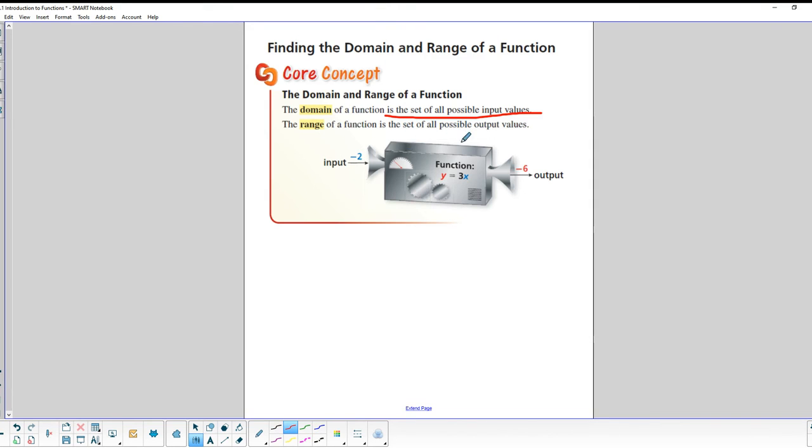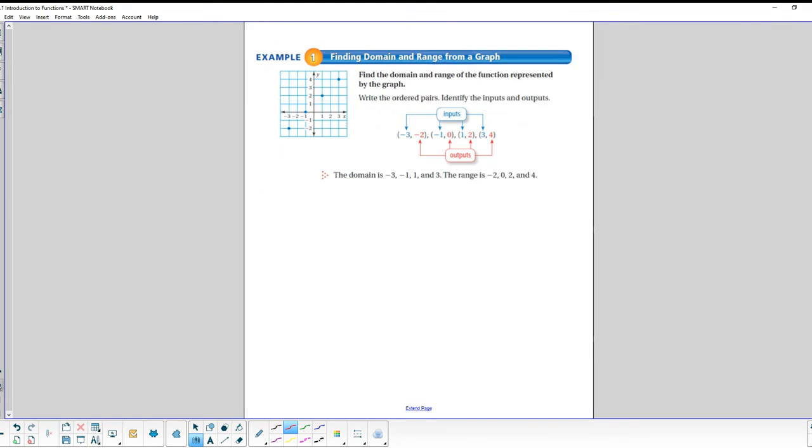It might be a shortened list where only the numbers that you put in would make sense. And the range is kind of the same way. The range of a function is the set of all the possible output values for a particular function. All right, and we told you that the domains are the x values, the ranges are the outputs.